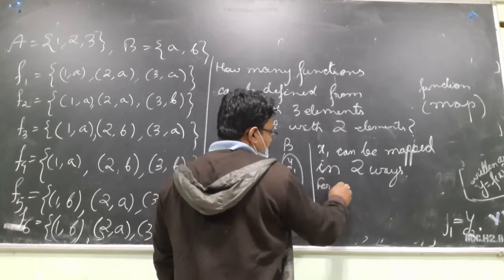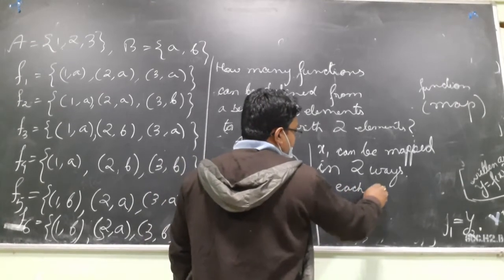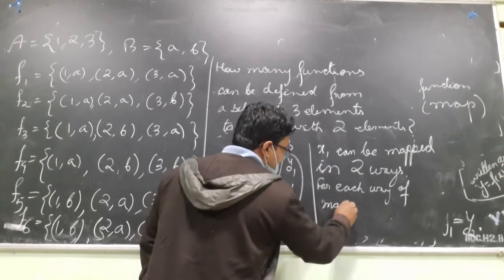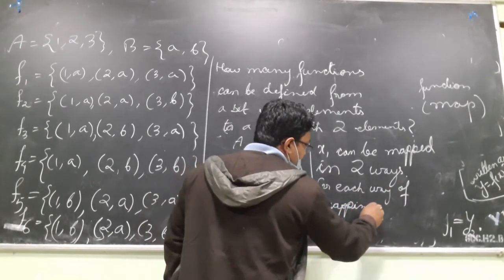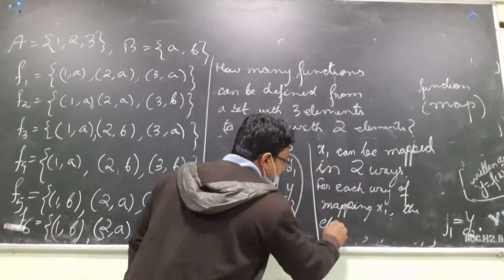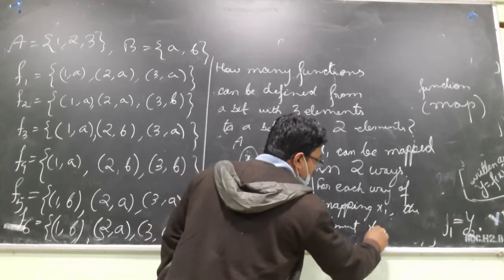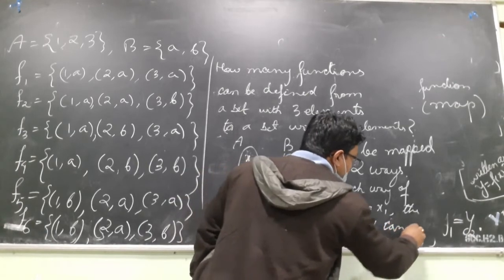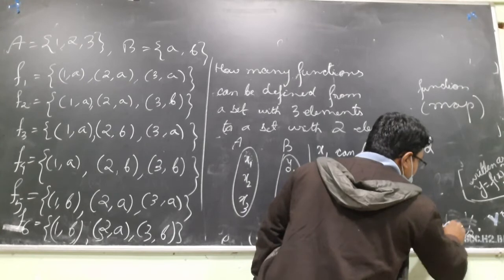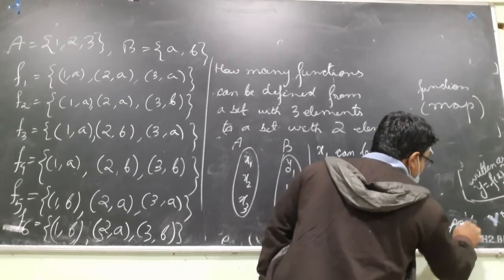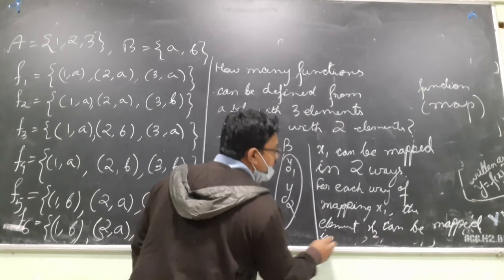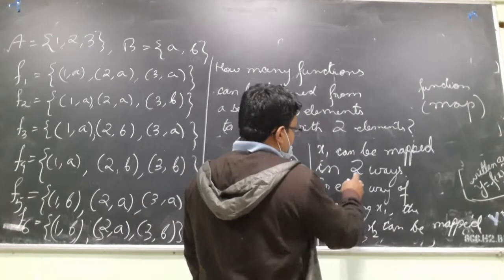And for each way of mapping x1, the element x2 can be mapped. The element x2 can be mapped in how many ways? Two ways.